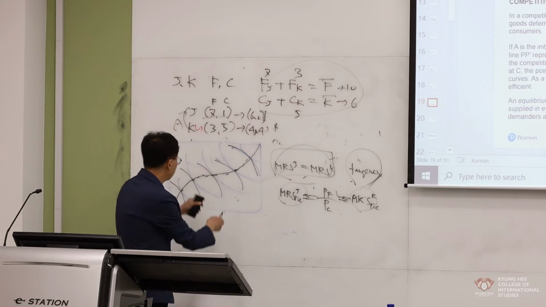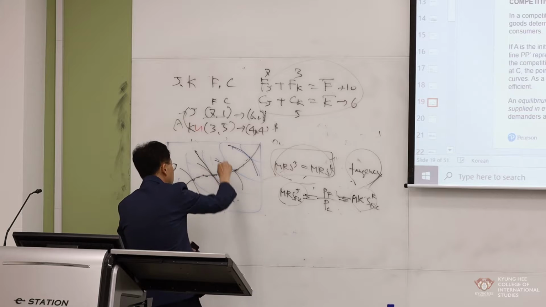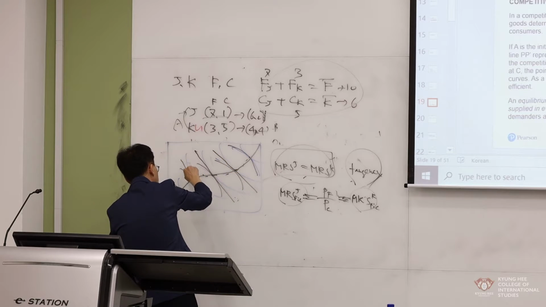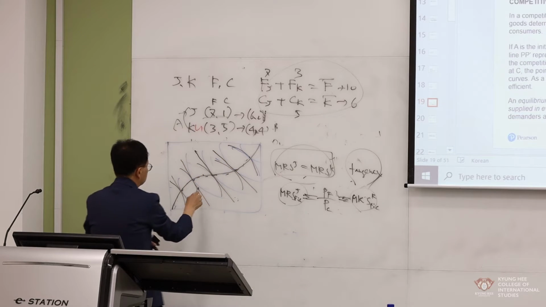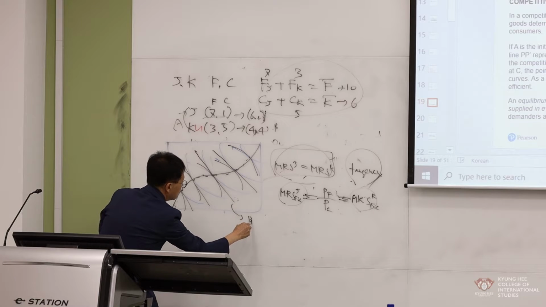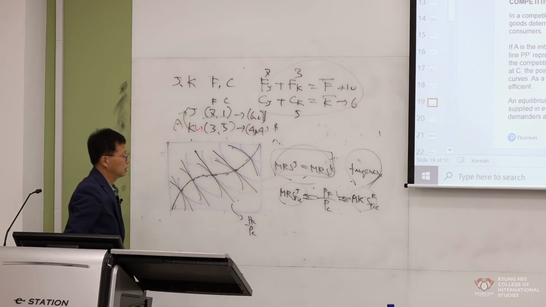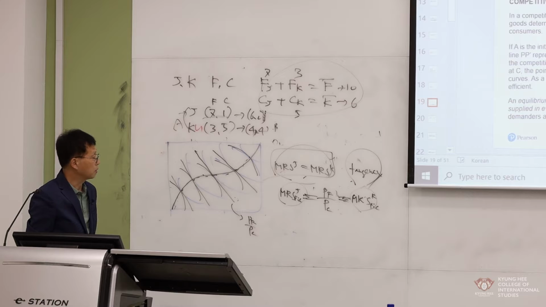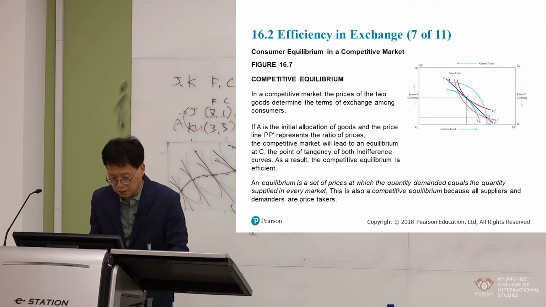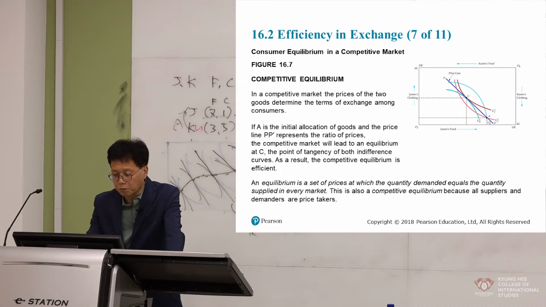Right? So at this point, we can draw that kind of straight line. The slope of this one is PF over PC when the market is perfectly competitive, right? That is explained here. In a competitive market, the price of two goods determines the terms of exchange among consumers instead of bargaining by two guys.